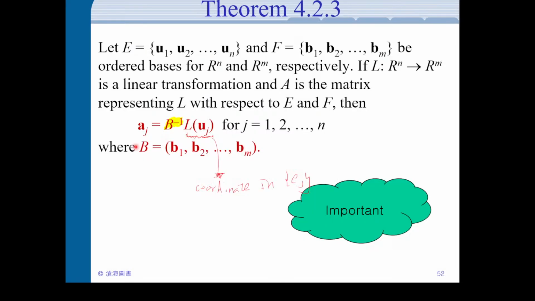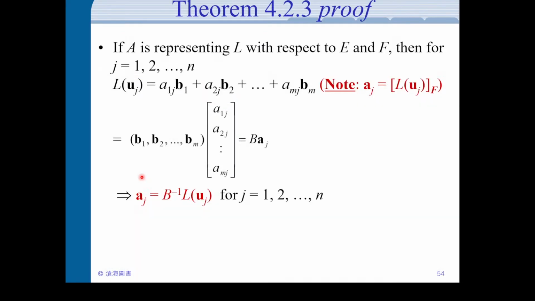We basically already did the proof, but let's run the proof once again, really quickly. We do what we did before, and we say L of uj will equal some coordinate times bj.